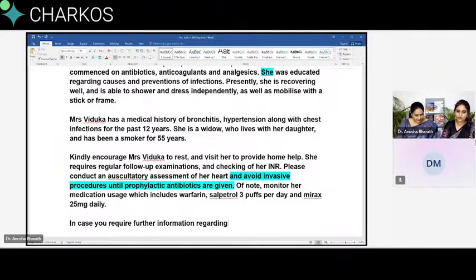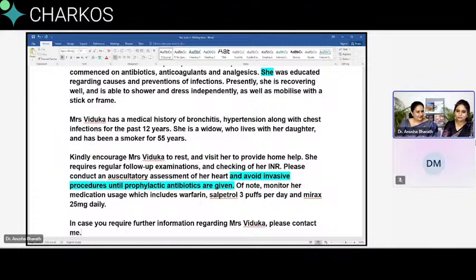regarding, we have to write the patient's name, as we said, Mrs. Viduka, comma, don't forget the punctuation. Regarding Mrs. Viduka, comma, please contact me, as in the registered nurse.